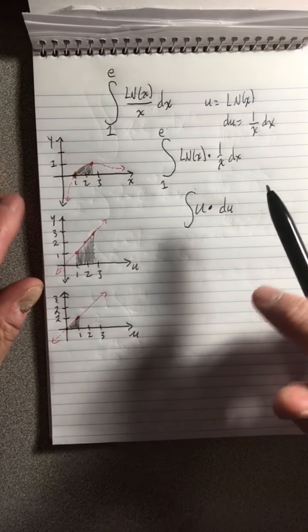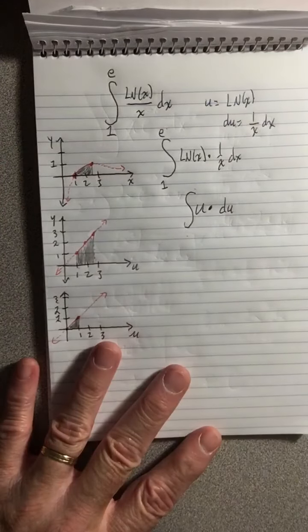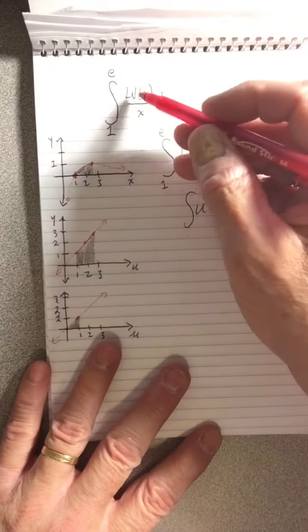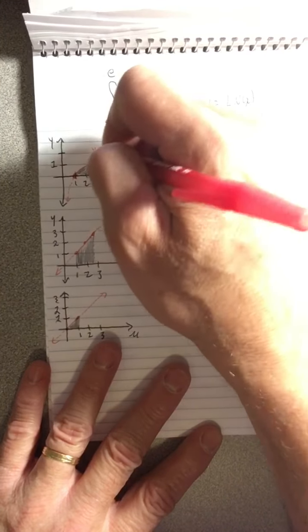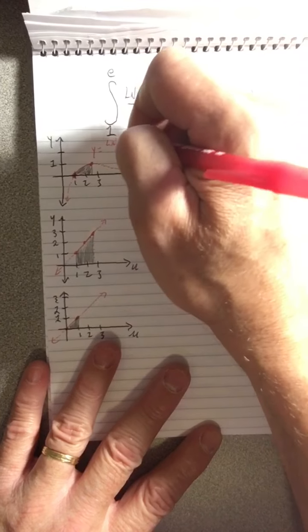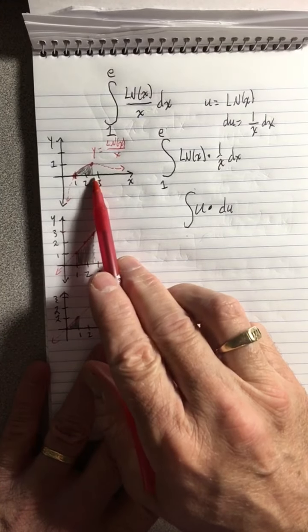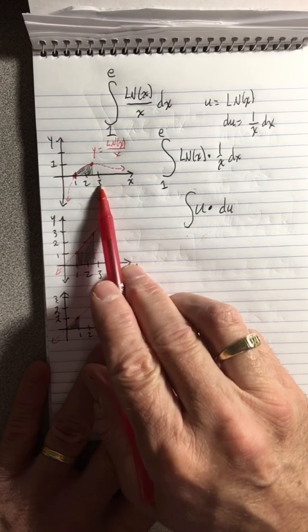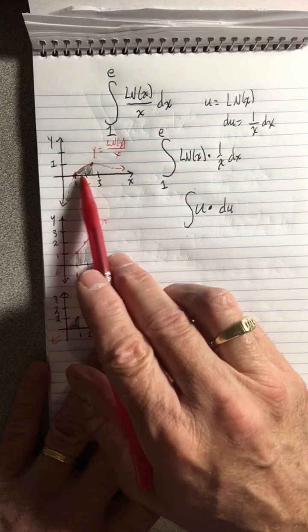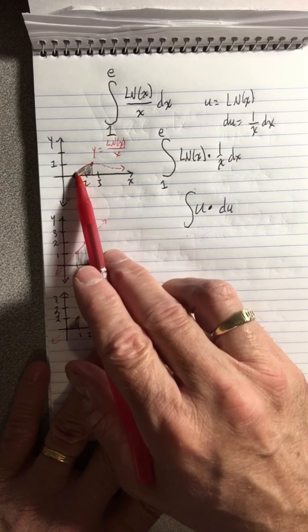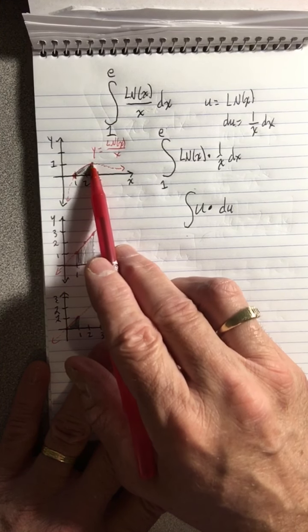Let me explain why. Right here I have a graph of this integrand, y equals the natural log of x over x, from the interval 1 to e. e is a little bit shy of 3. Well, there's this nice little pseudo triangle. It's a pseudo because that's a curve, but it looks like a triangle.